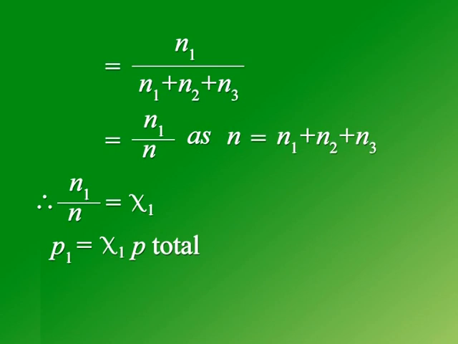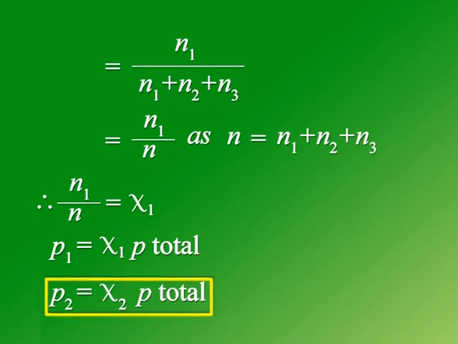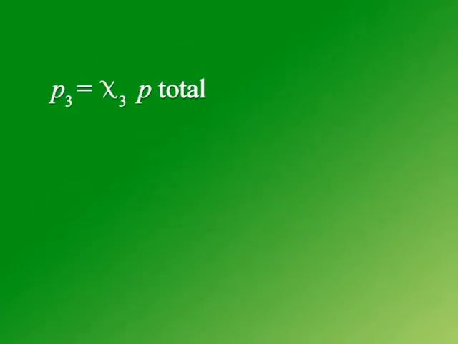Similarly, for the other two gases, we can write partial pressure of the second gas P2 is equal to mole fraction of the second gas chi2 multiplied by P total, and partial pressure of the third gas P3 is equal to mole fraction of the third gas chi3 multiplied by P total.